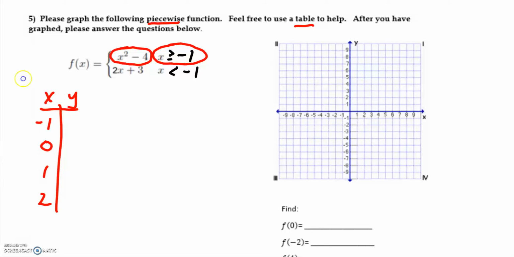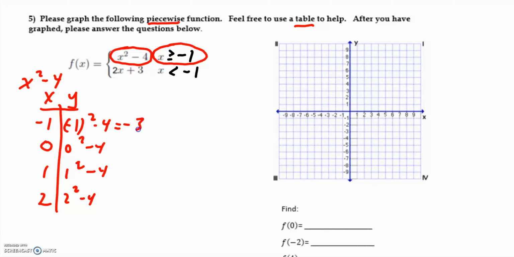So if I take all these values and plug it into the function x squared minus 4, I would get negative 1 squared minus 4, 0 squared minus 4, 1 squared minus 4, and then 2 squared minus 4. So this would be 1 minus 4, negative 3, 0 minus 4 is negative 4, 1 minus 4 is negative 3 again, and 2 squared minus 4 is 0.